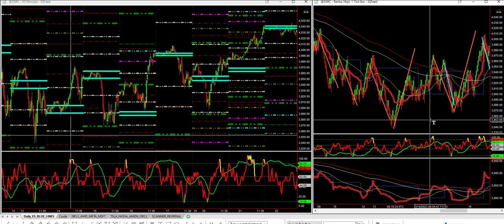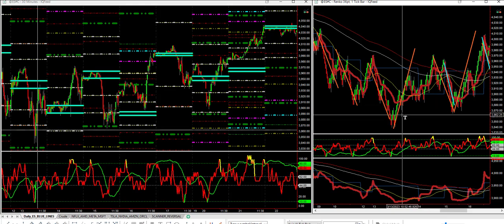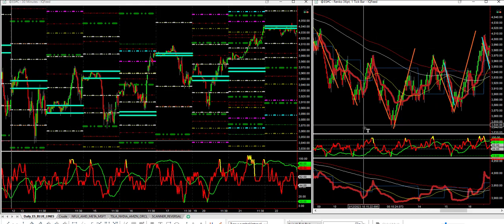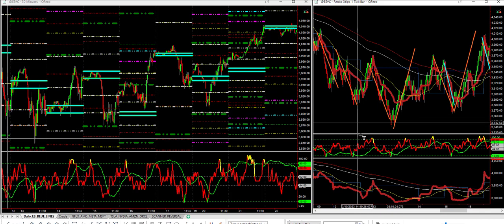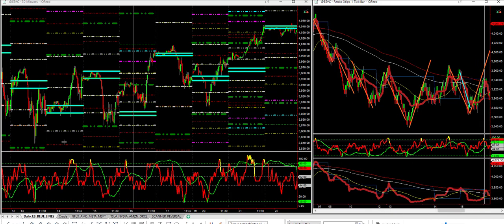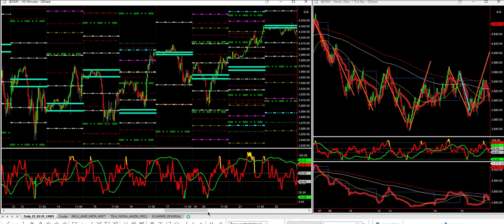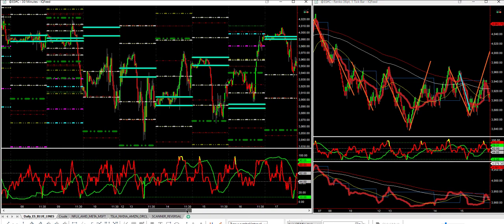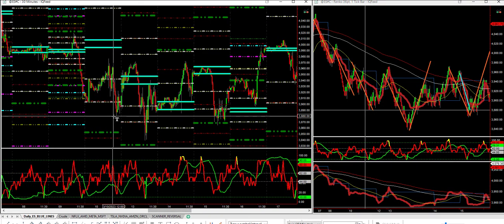Okay, so now, what are we expecting here? Impulse is here. Let's take the downward move, right? So I'm suspecting that, hey, I think maybe we're getting a bottom here. Now we have the operational charts right here.